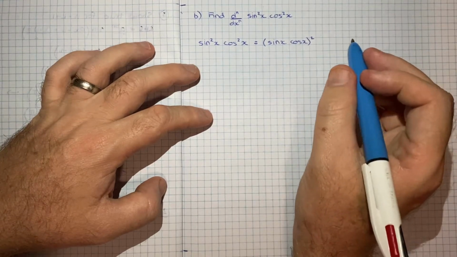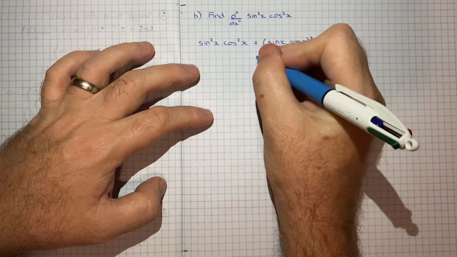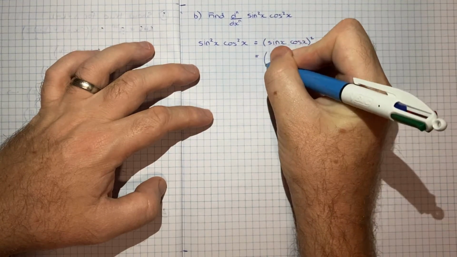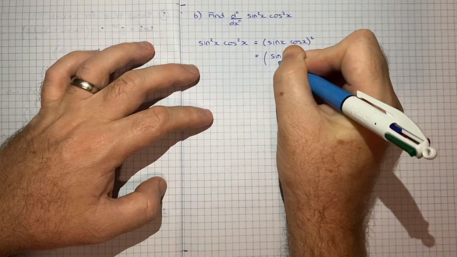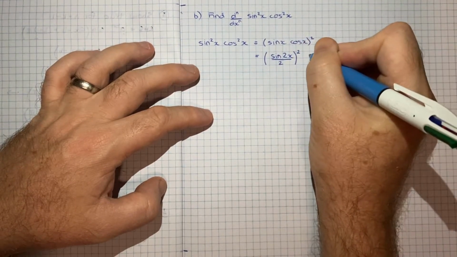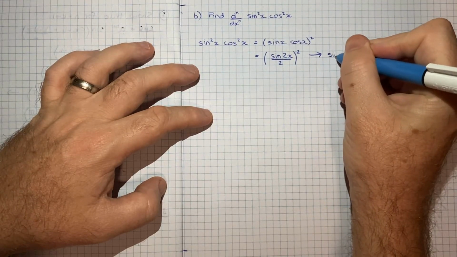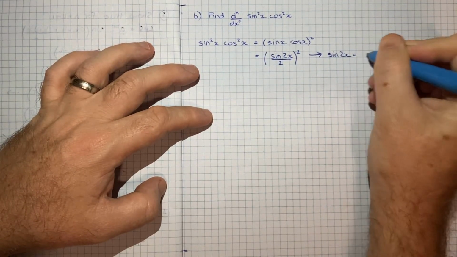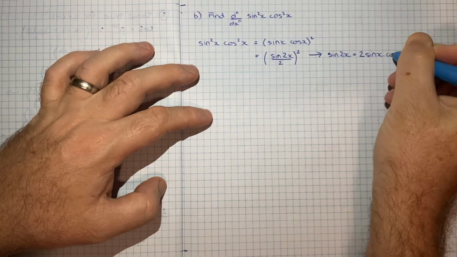The reason that's helpful is that sin x times cos x we could write as sin 2x divided by 2, all squared. And the reason I can say that is because of the identity sin 2x equals 2 sin x cos x.